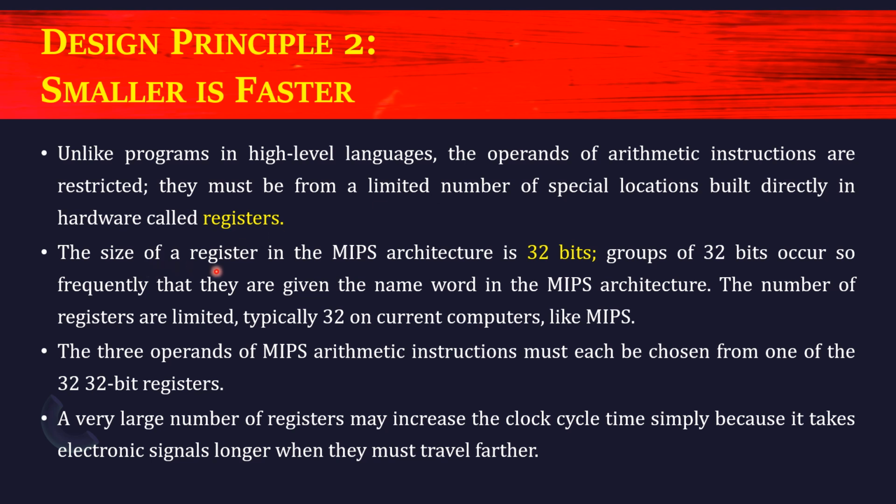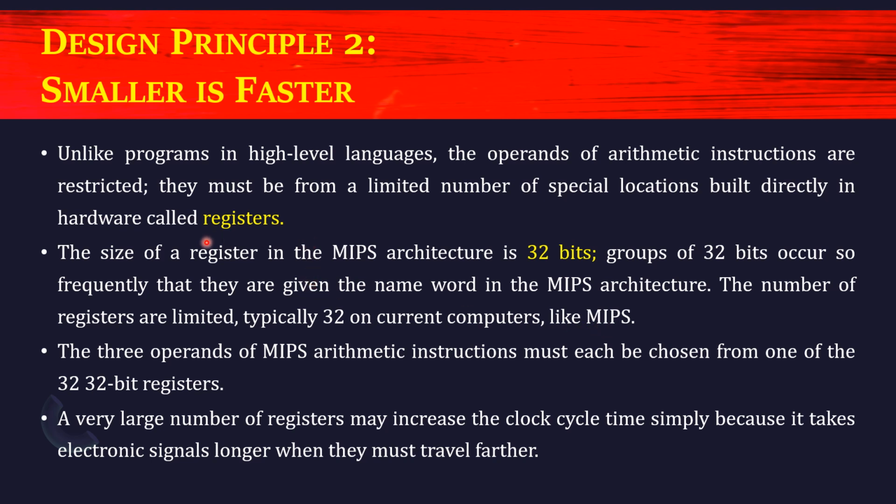The size of the register in the MIPS architecture is 32 bits. That is, a group of 32 bits occurs so frequently that it is given the name word in the MIPS architecture. So these 32 bits together can be called a word. The number of registers is limited. Typically, we have 32 on current computers like MIPS.